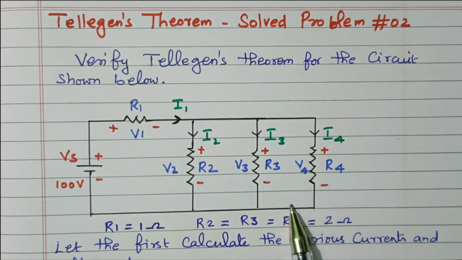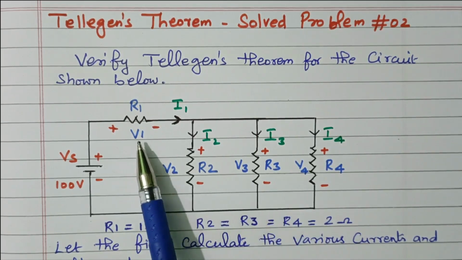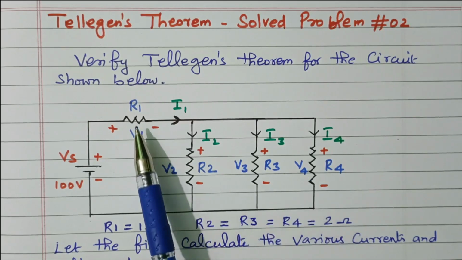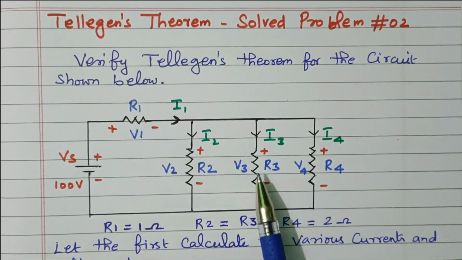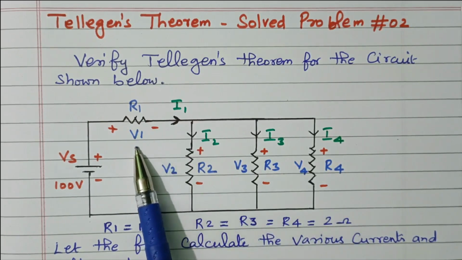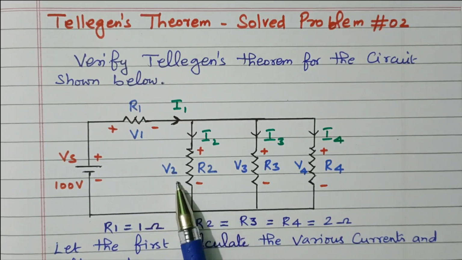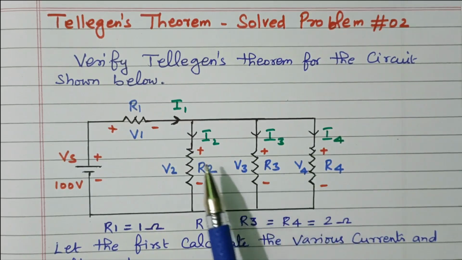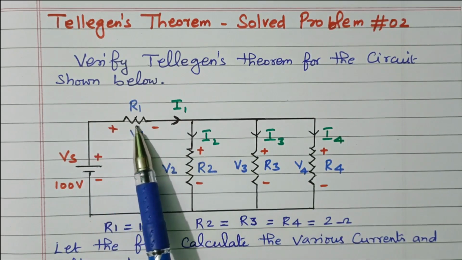So in order to find the power, we need to identify the voltage across each and every resistor. There are 4 resistors available, R1, R2, R3, R4. The voltage across R1 is V1, R2 is V2, R3 is V3, R4 is V4. And the total current, first current, is I1.